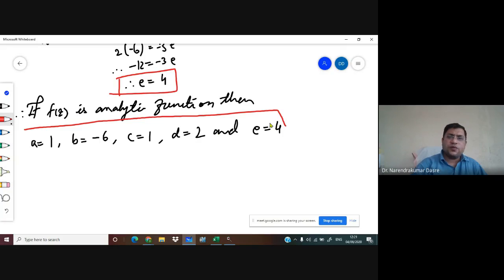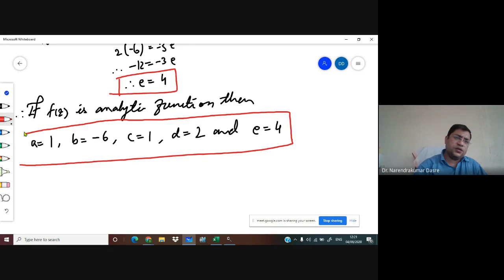So this way we are able to calculate the values of these constants A, B, C, D, and E.